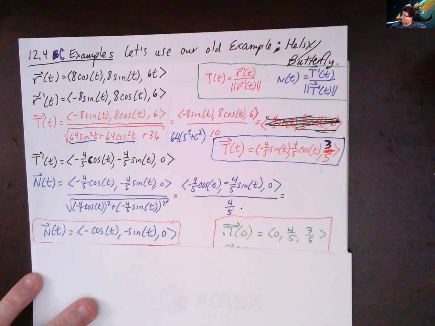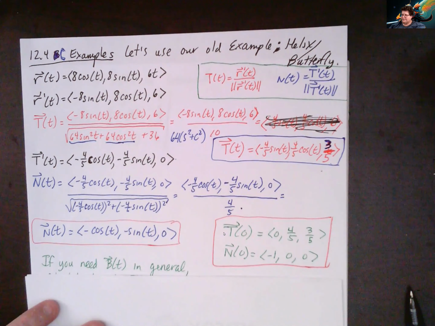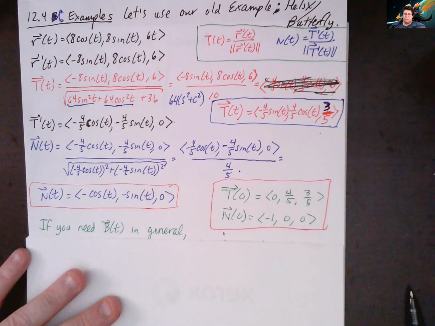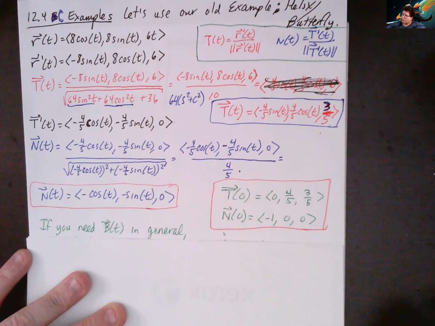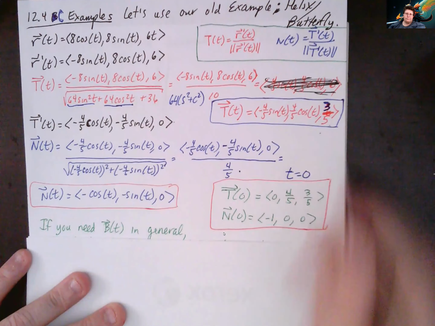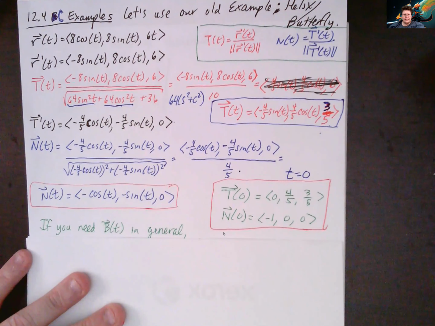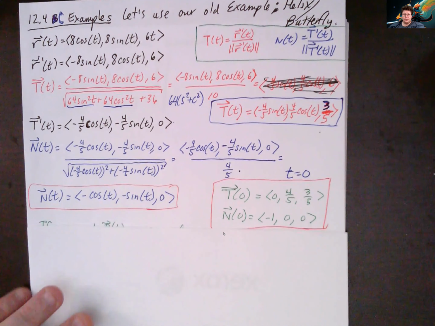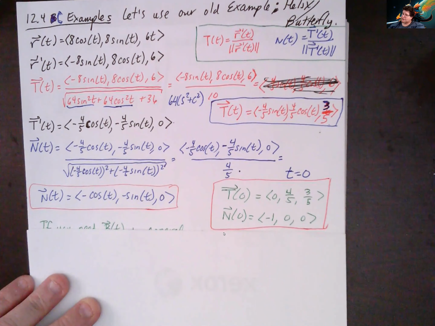This is where I'm stopping, and I'm pointing out, if we need B of t in general, go for it, and I will do it on the next page. But if we just need it at a point, like let's say we're looking for it at t equals 0, what are my tangent, normal, and binormal vectors? We don't need to do the general form, which in this case isn't too bad, but you'll see on the next example in part D, it's pretty ferocious.